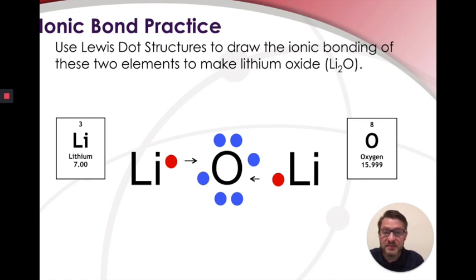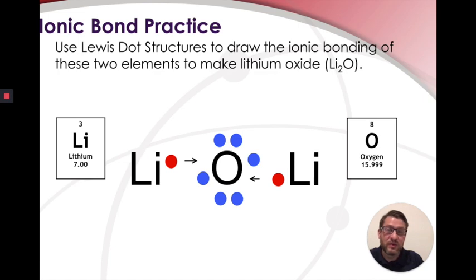So lithium becomes a +1 because it's losing an electron, and oxygen becomes a -2 because it's picking up 2 extra electrons. So it now has 8 protons, as all oxygen atoms do, and now it has 10 electrons. Those 10 electrons give it a negative charge.